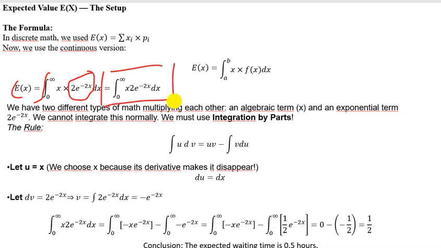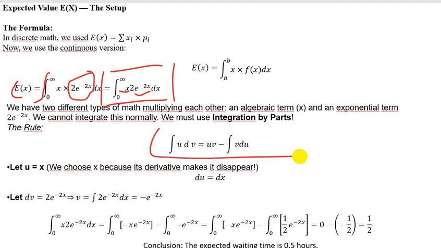Here the problem is that we have two different types of math multiplying each other. We have two functions. One is x and the second is 2 exponential minus 2x. So we cannot integrate it normally, but we need to use integration by parts. So the rule of integration by parts is here.